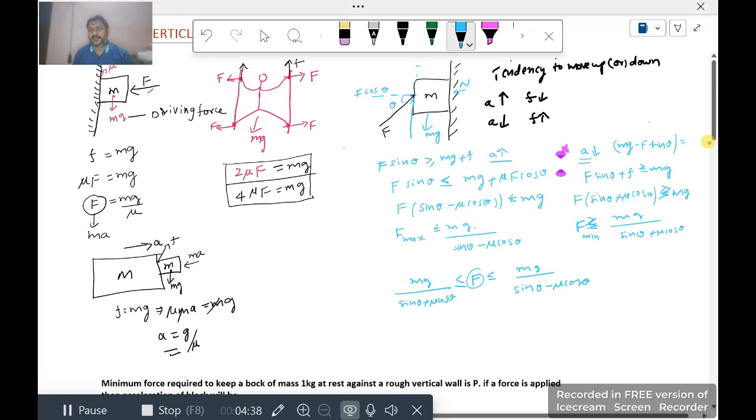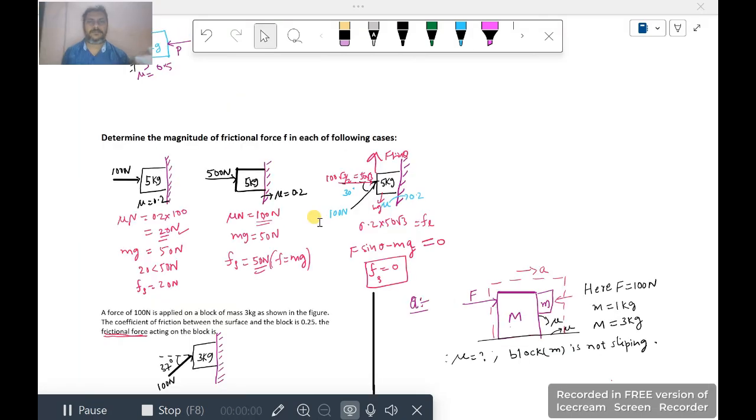So this is the F value required to move upward or downward. The force required to move upward with acceleration is F maximum. The force preventing it from sliding down is F minimum. The F value lies between these two values, maximum and minimum.